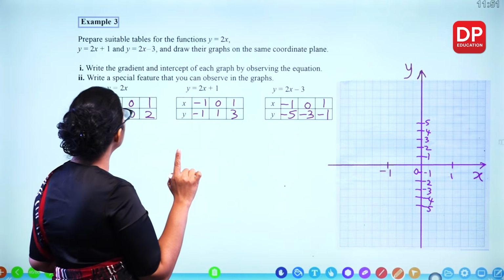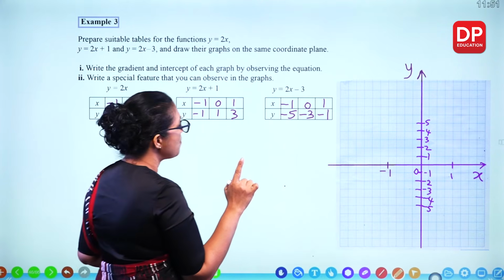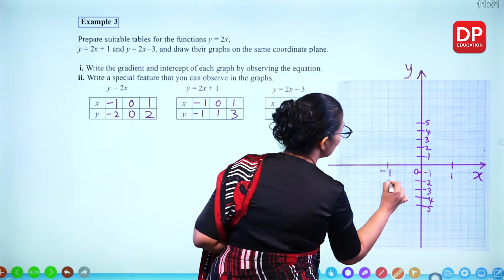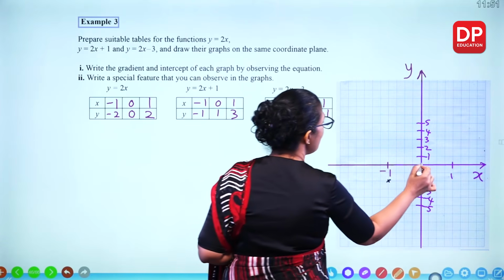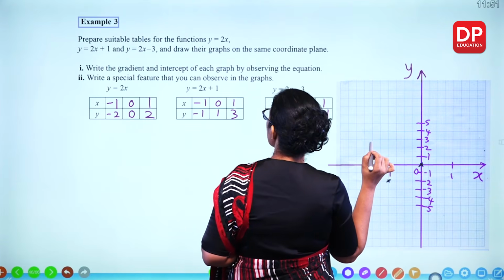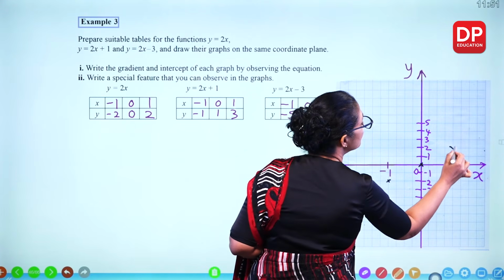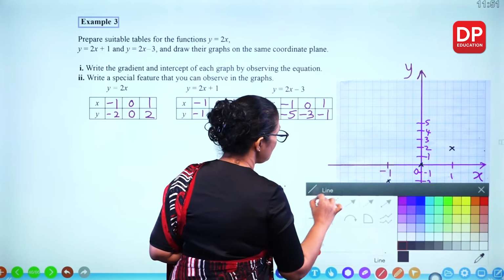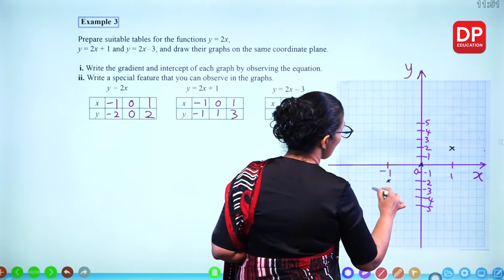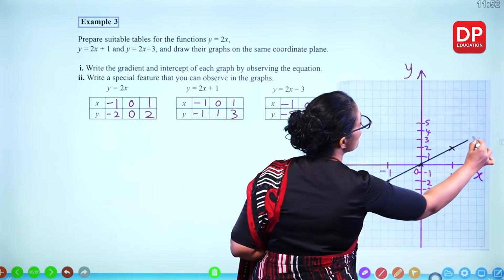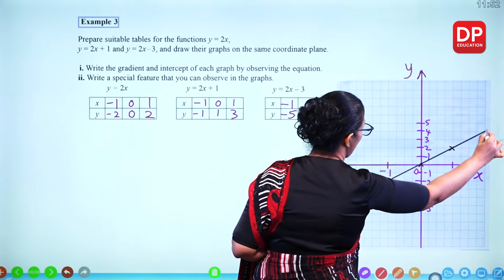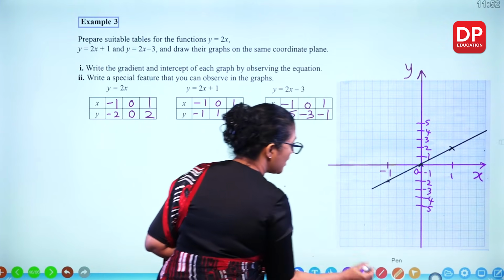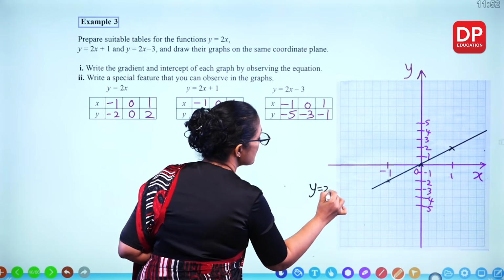First one, y equals 2x. -1, -2. Here. 0, 0, 1, 2. We'll draw the line. This is y equals 2x graph.